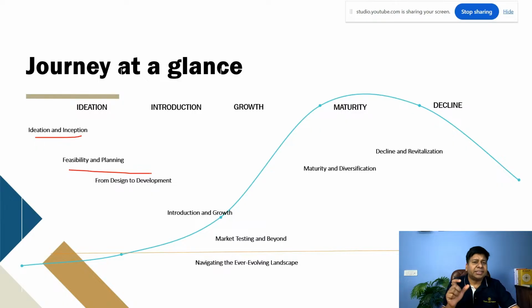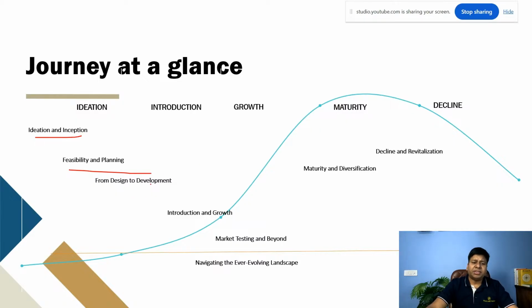The idea is right, the problem is fine, and you understood the root cause. Now, is there feasibility? There is a possibility that I am solving a problem and the customer is willing to pay $10 or $20 to solve it, but the solution costs $50 or $100, and the user is not there. That's why we discussed feasibility and planning.